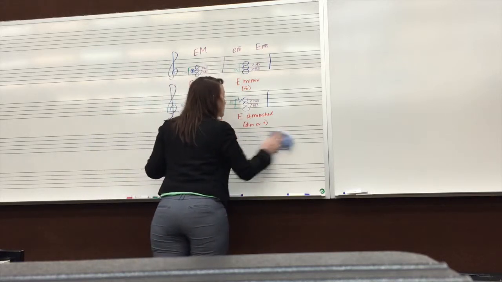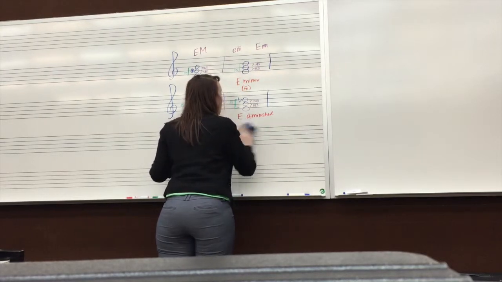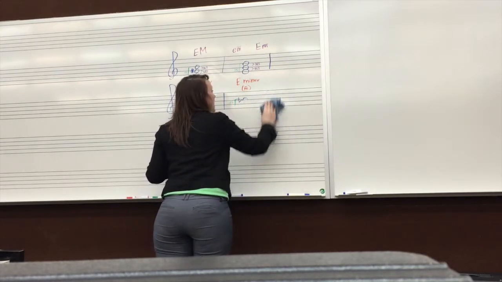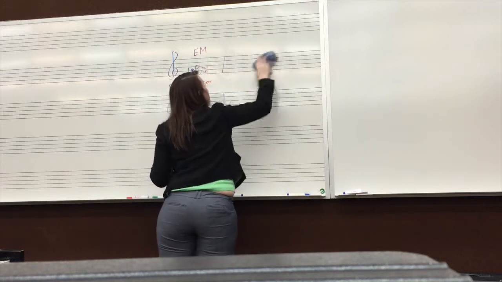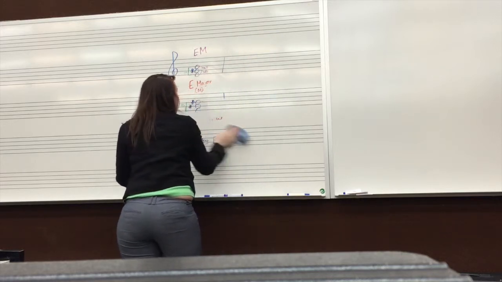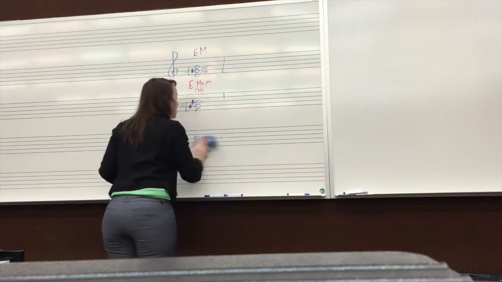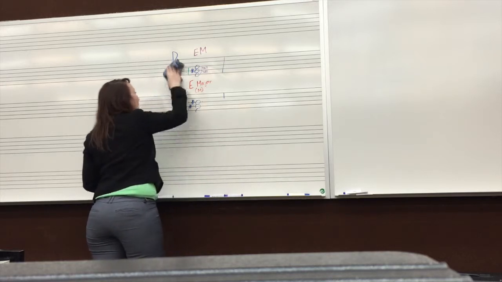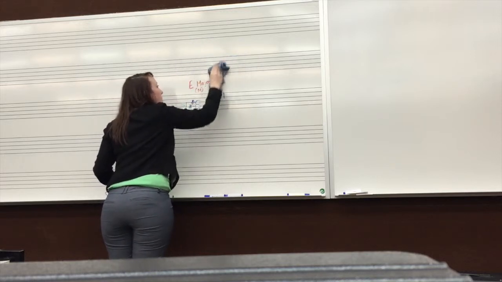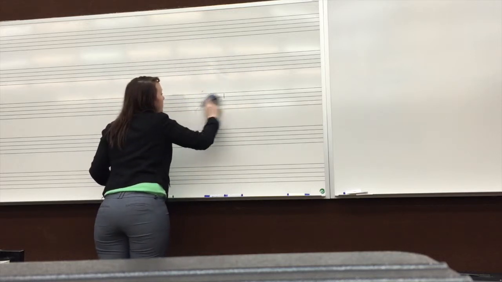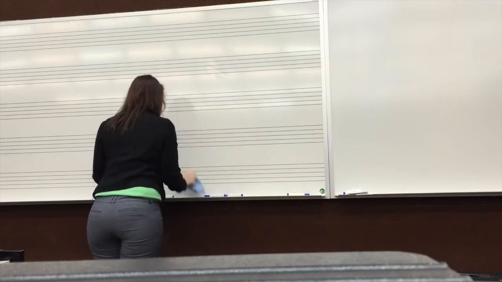All right, so I'm going to erase these so we can do some writing and identification of these chords. The first one I want to write is an A major chord. So I'm going to give you guys just a minute to think about how an A major chord would be written. A major.